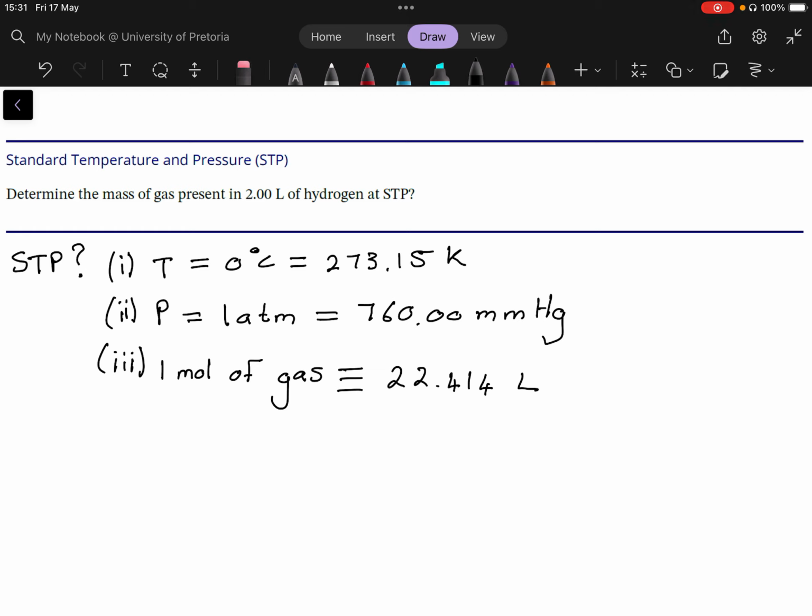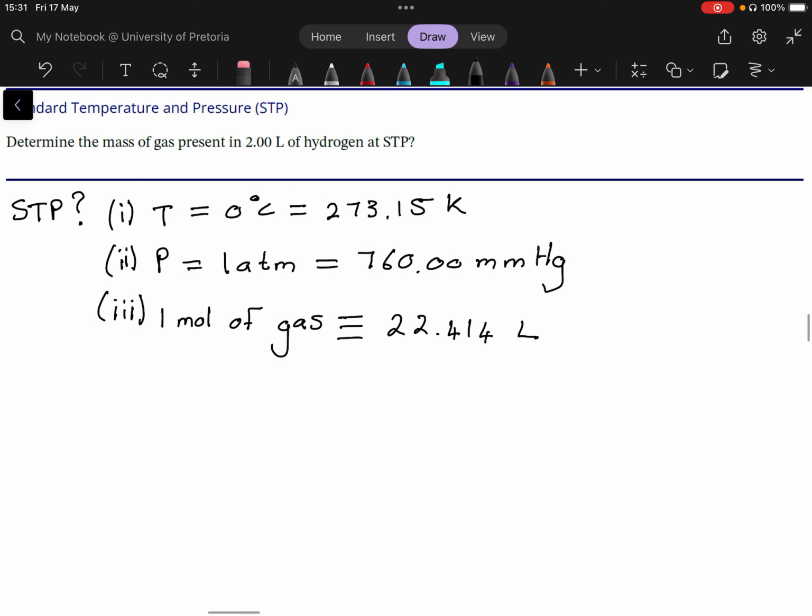And that is known as the molar volume: 22.414 liter per mole is the molar volume of an ideal gas at STP. So 1 mole of gas will have a volume of 22.414 liter. Those are the three things that we know at standard temperature and pressure.